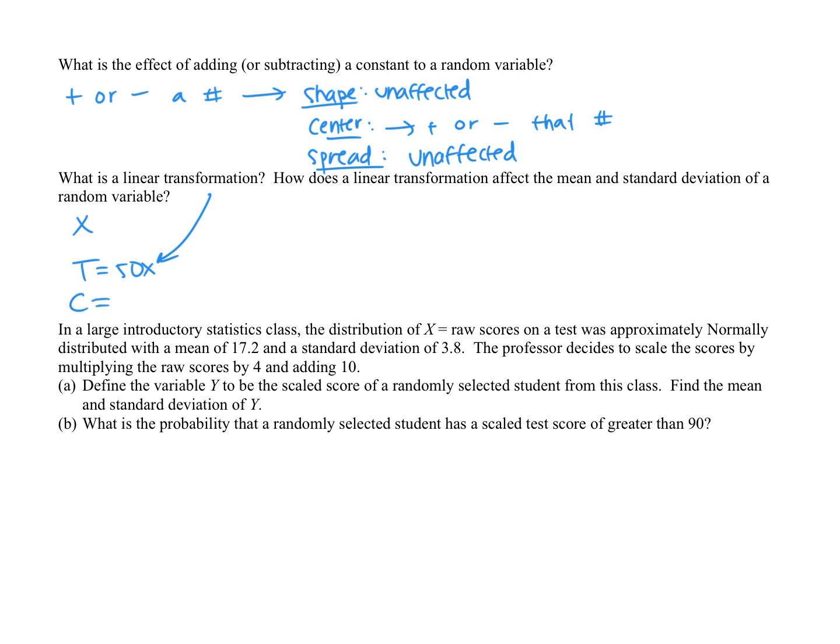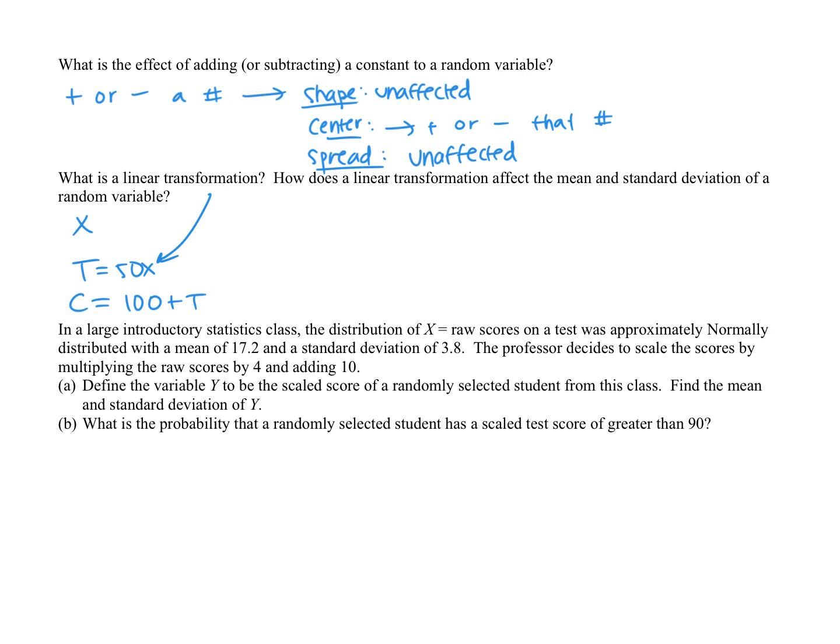When we did c is equal to 100 plus t, that's a transformation. All you need to know is what we already found. When we multiply by a constant, it affects the mean and standard deviation. When we add a constant, it affects the mean, it does not affect the standard deviation.